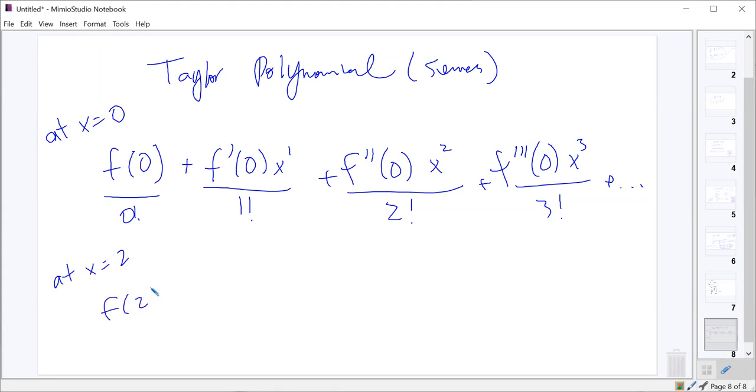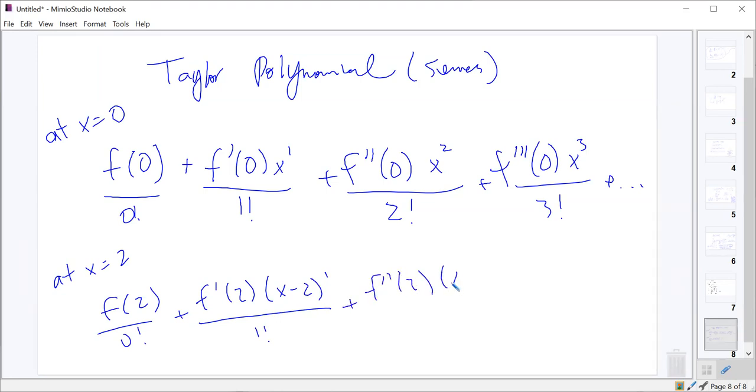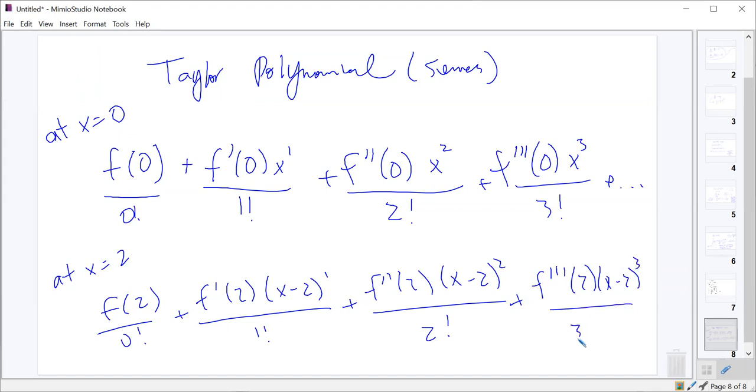Well, then we do f of 2 over 0 factorial plus f prime of 2 times x minus 2 to the first over 1 factorial plus f double prime of 2 times x minus 2 squared over 2 factorial, f triple prime of 2 times x minus 2 to the third over 3 factorial, and so on.